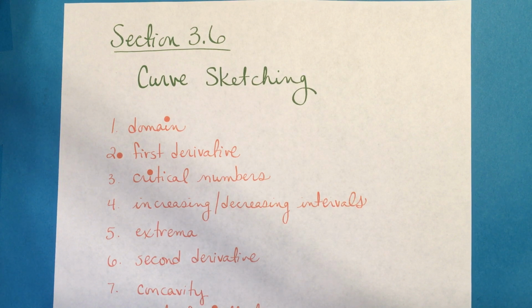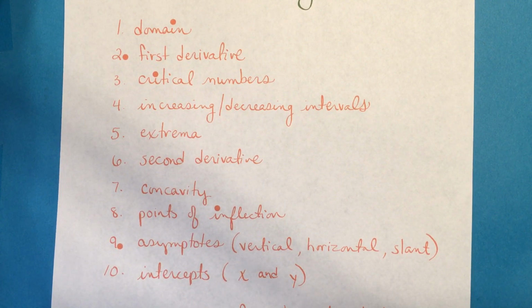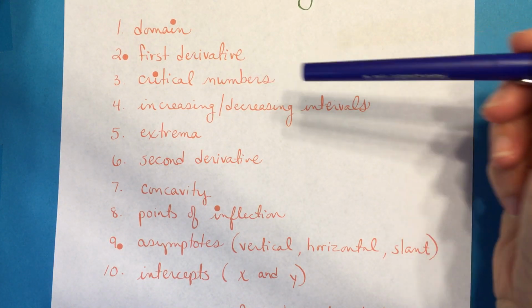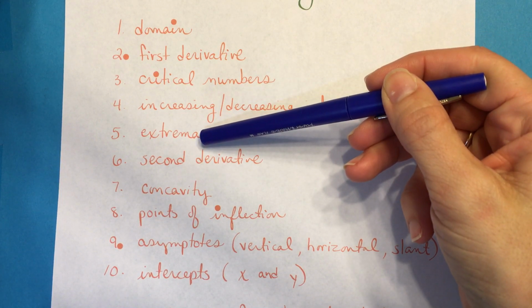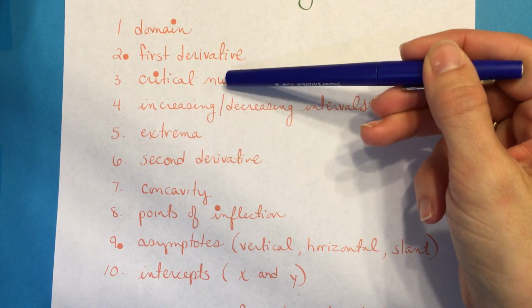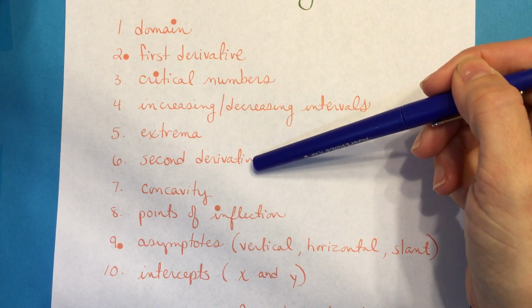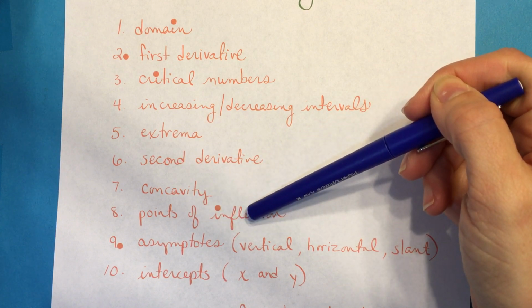First of all, you need to make sure that you identify what the domain of the function is. You'll want to find the first derivative. From the first derivative is where you can determine, remember, critical numbers, increasing and decreasing intervals, and your extrema, that'd be your maxes and your mins. So all of this would follow from your first derivative. Then once you find your second derivative, you'll do concavity and points of inflection.